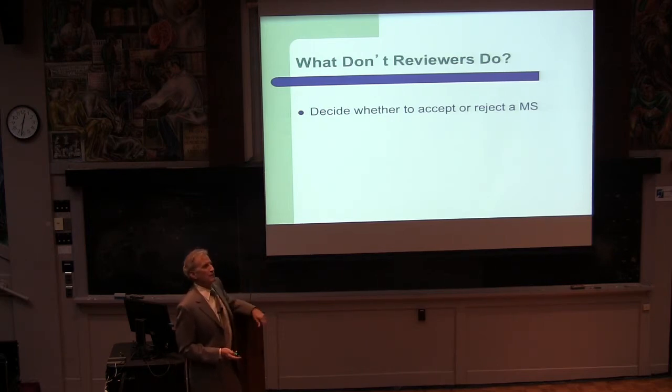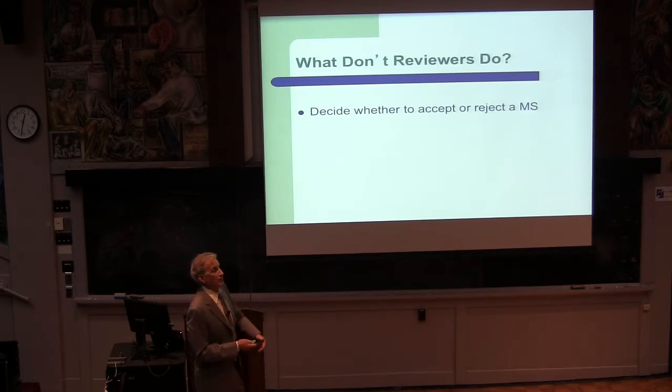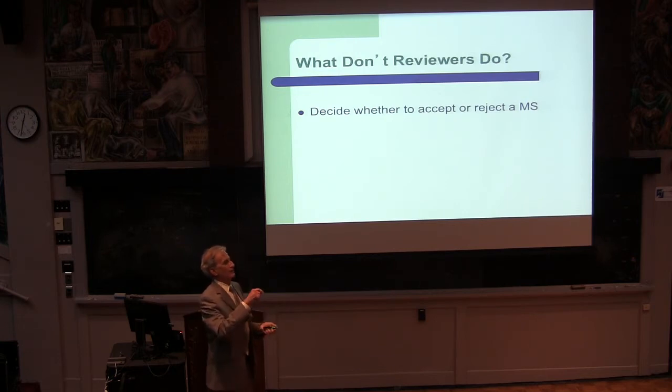But this is the single most common misconception that people who write and submit articles have, is they assume that the reviewers are making the decision about whether or not to accept the manuscript. In part, that's because one of the questions that reviewers usually answer, they check a box with a recommendation: accept, revise and reconsider, extensive revisions, reject.